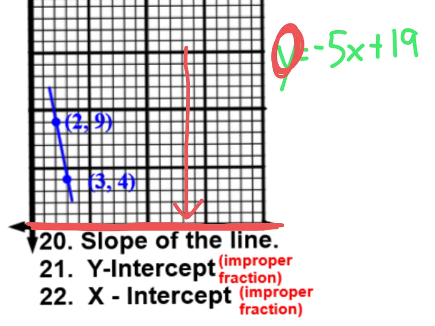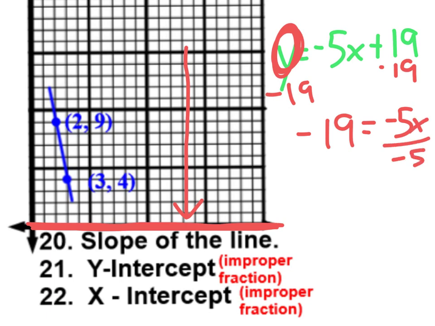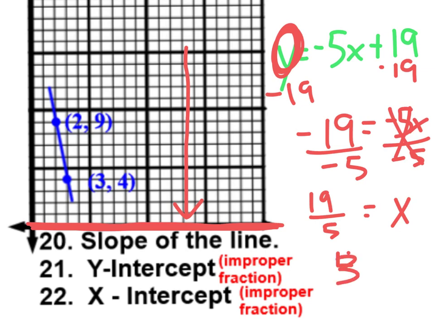Now I'm going to subtract 19 from both sides. And I'm at negative 19 equals negative 5x. I divide by negative 5. Those cancel out, and you're left with x equals positive 19 fifths, or positive, if I could do math, 3 4/5. And so if you look at where it's going to hit right down here, at 3 4/5.